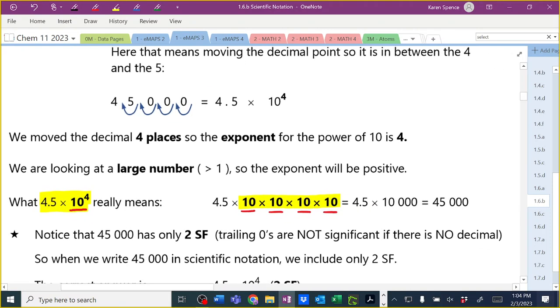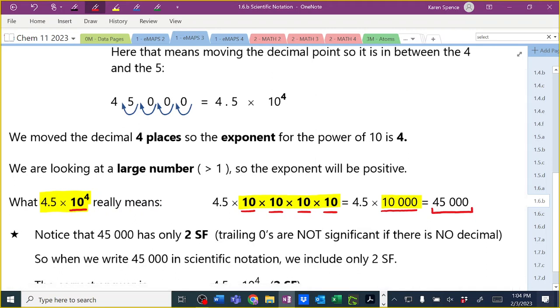Now 10 times 10 times 10 times 10 is 10,000. And 4.5 times 10,000 is 45,000. And if you don't believe it, punch it in on your calculator and you will see that indeed it is. So what we had, 4.5 times 10 to the 4, is equal to the number that we started with, 45,000. Is that good? Okay.